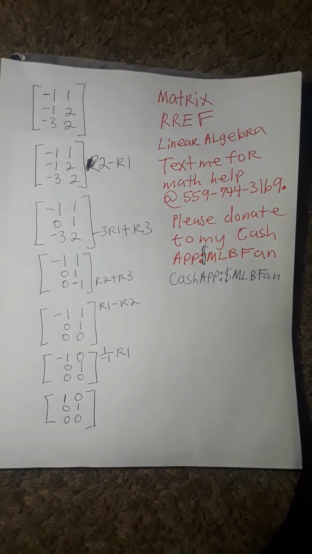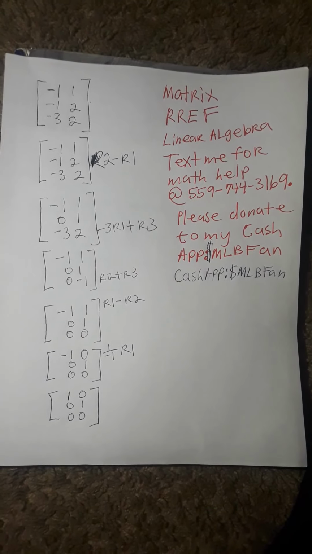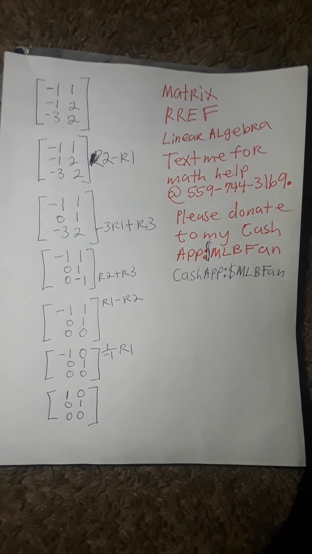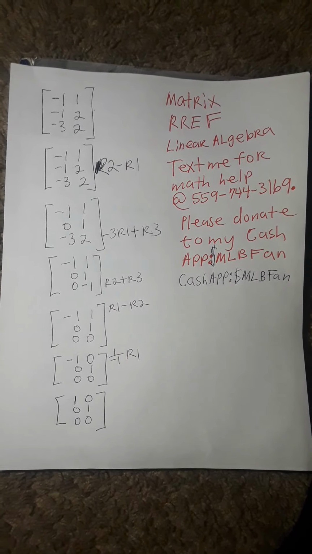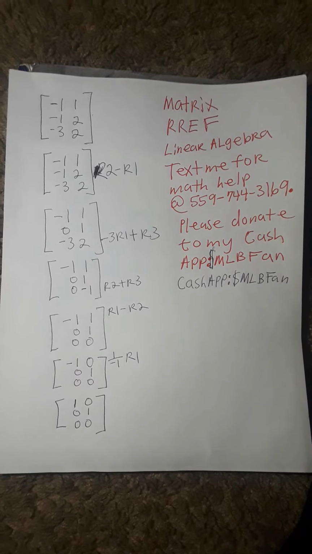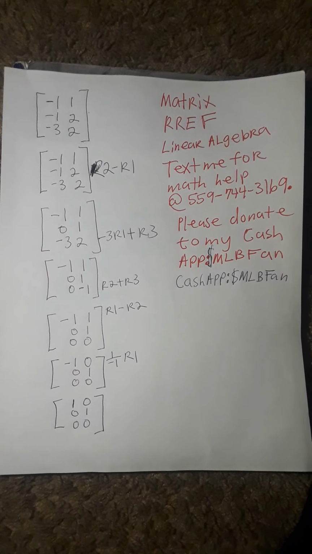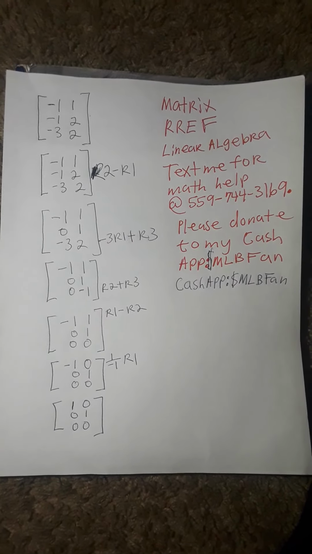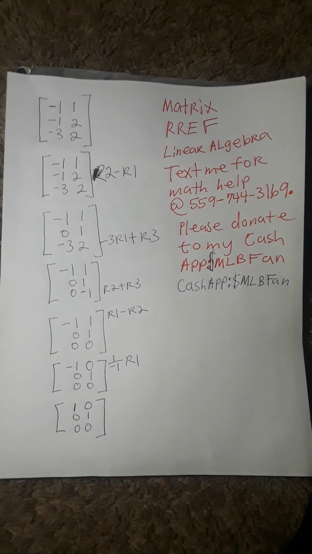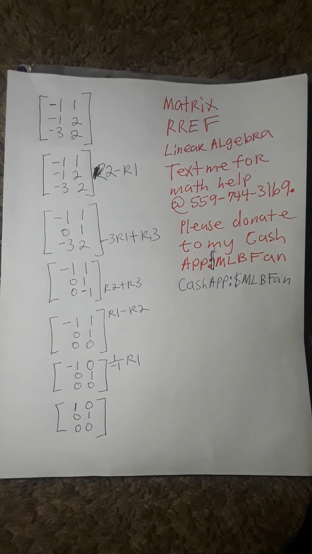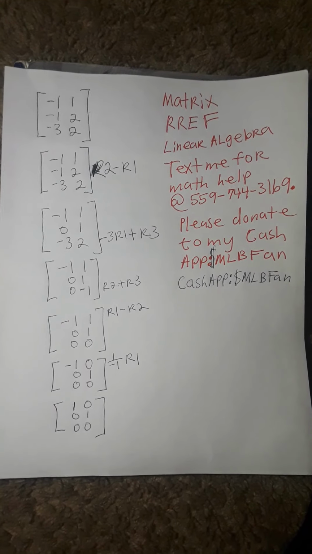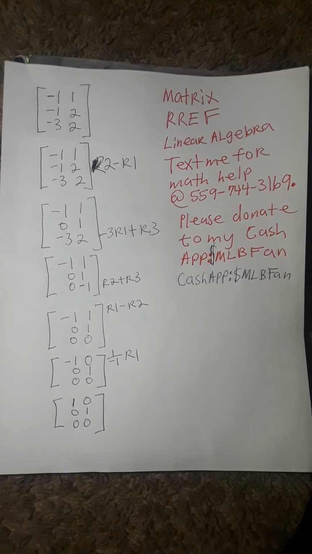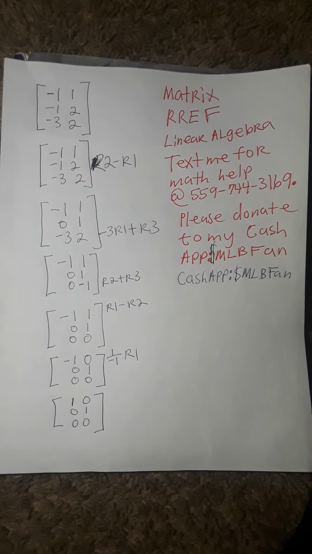So to calculate, we do -1 minus -1, and that gives us 0, and 2 minus 1 gives us 1. So in the next matrix underneath, it should say -1, 1, 0, 1, -3, 2.